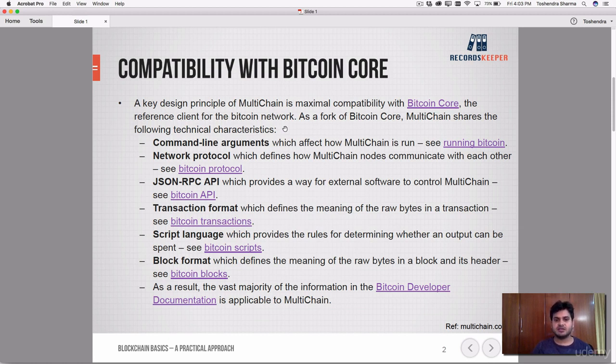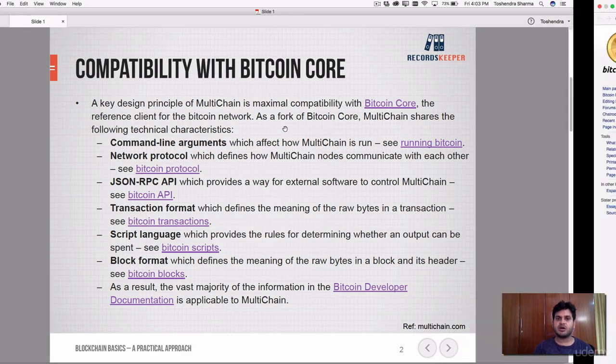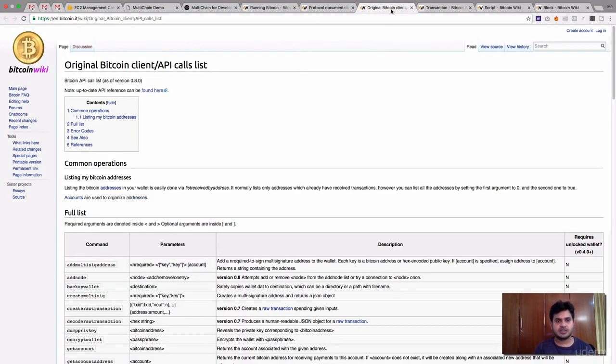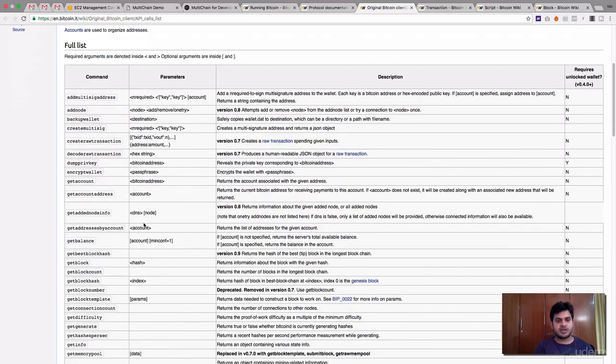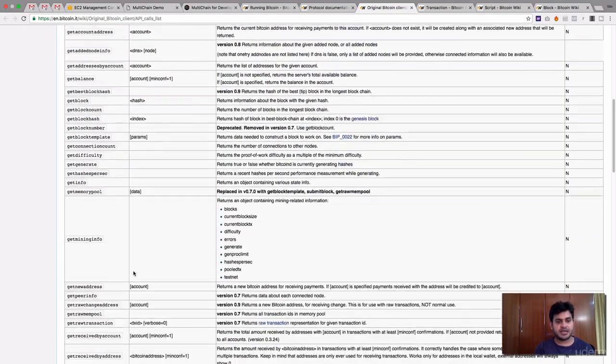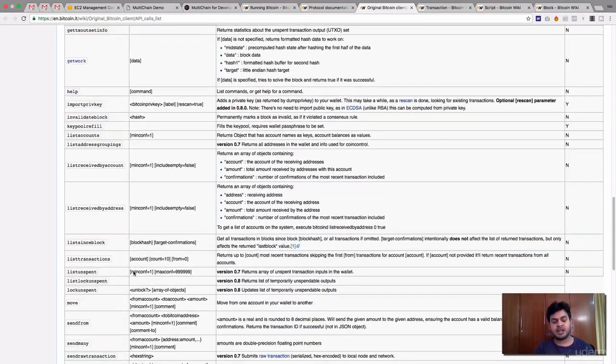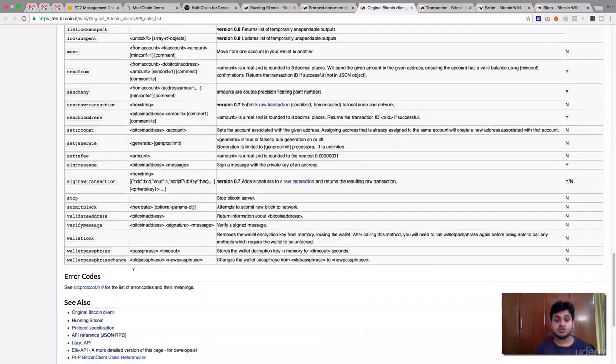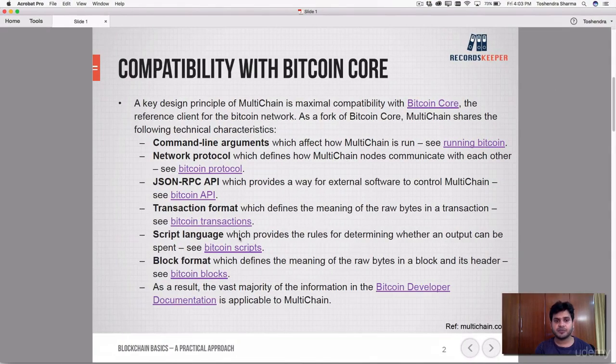So again, the Bitcoin API and the multi-chain API are quite similar. If you see the documents here, the set of documents and the command line types, everything is quite similar. So again, you have a good source and support system available.